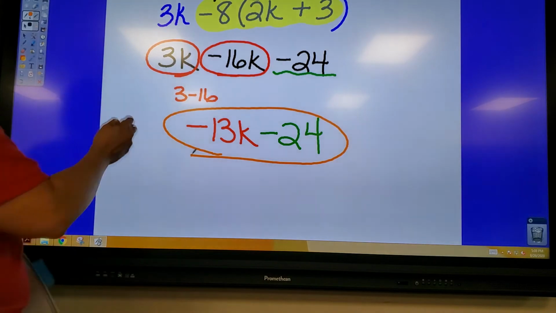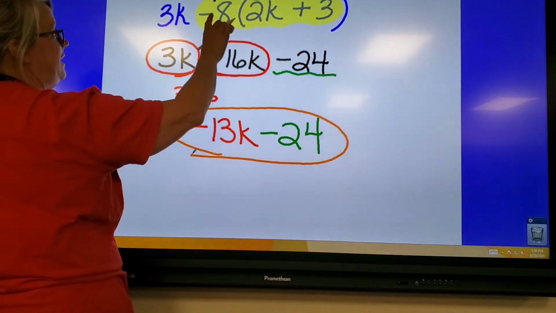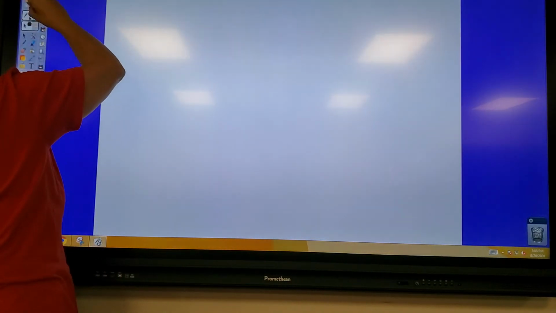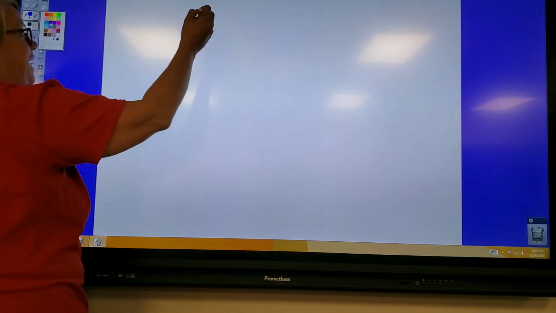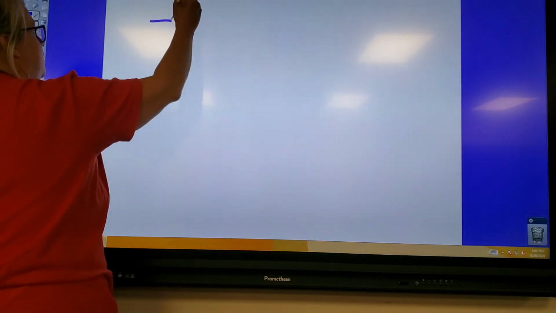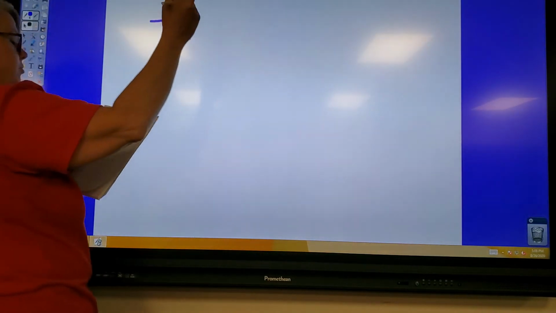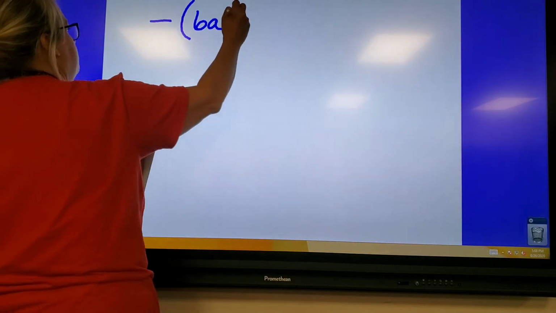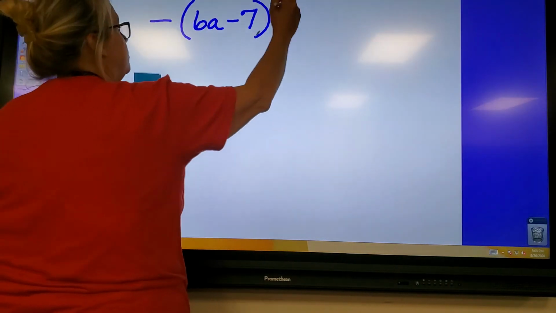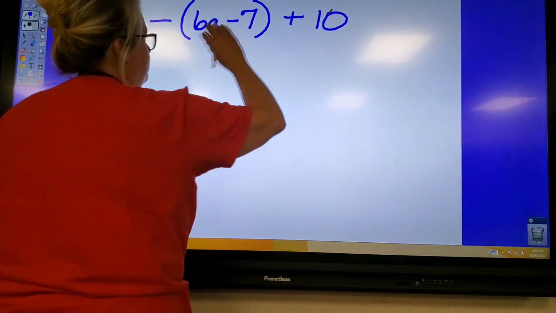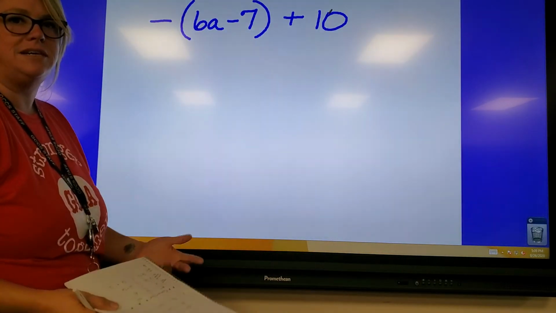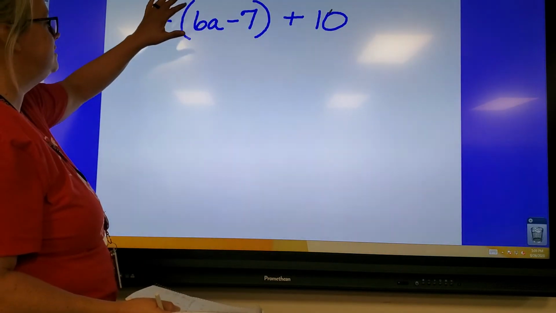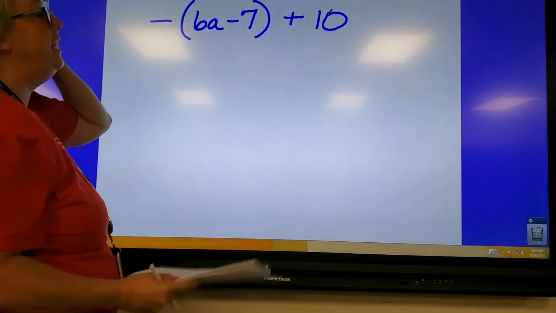Instead of distributing a negative 8, you may sometimes have to distribute with just a negative sign. Let's show one of those. Let's say we have a negative, parentheses, 6a minus 7 plus 10. I'm not making these expressions really long because that's not the important part here. The important part is learning how to distribute that negative sign.